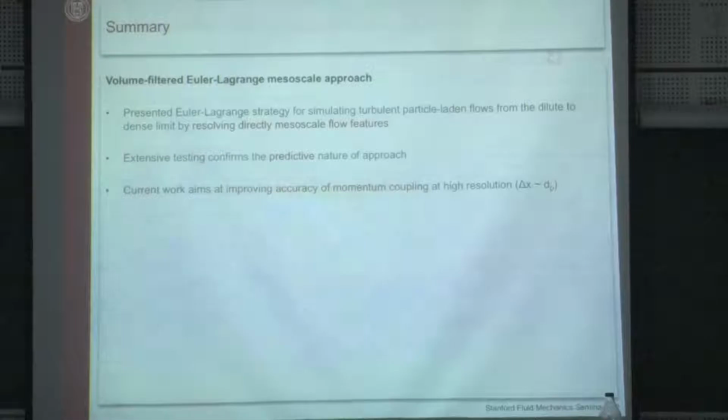All right, so that's the end of my first part. I'll just say that we have presented a pretty comprehensive strategy that we think can do quite a bit. We're using those types of approaches now to do reactive particle-laden flows, for example. We're looking at biomass vapor upgrading in risers and things like that. We think that this is a predictive approach.